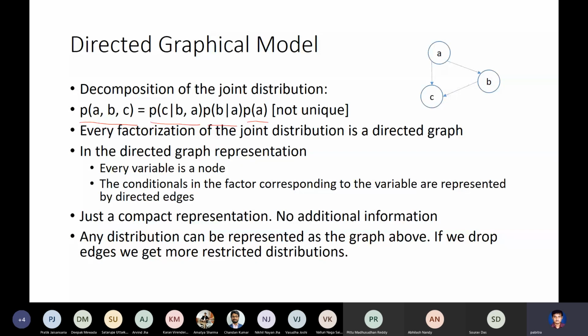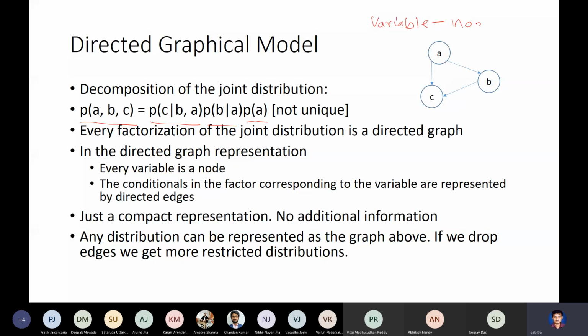So this is how you represent the graph. For every variable, you have a node in the graph. You look at that variable.